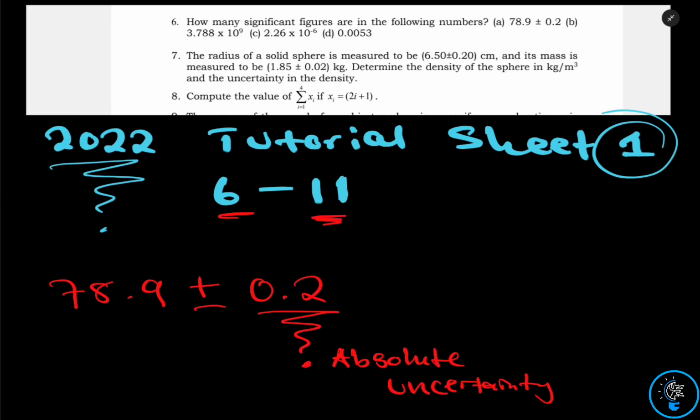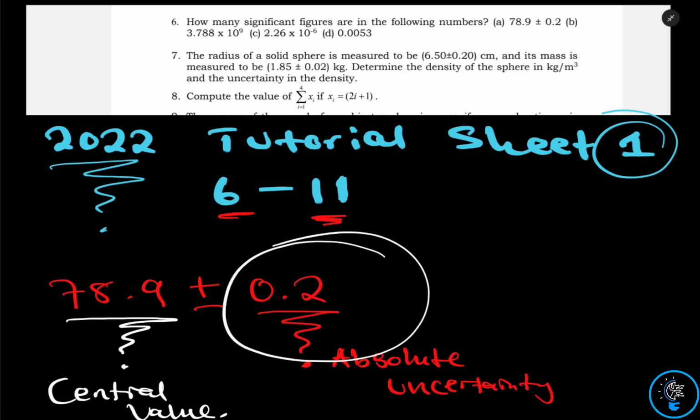Then we have this part, which is called the central value. So if you are told to state the number of significant figures of a number of this kind, you need to ignore the uncertainty part. So this part, ignore it. And just focus on the central value.